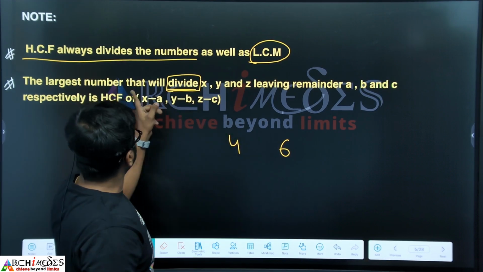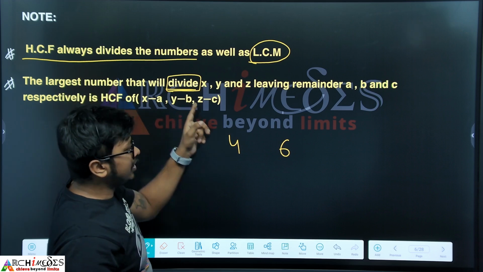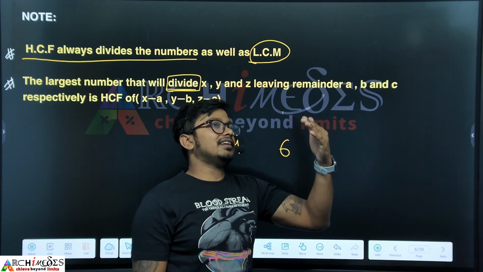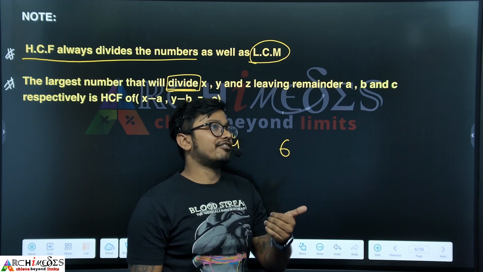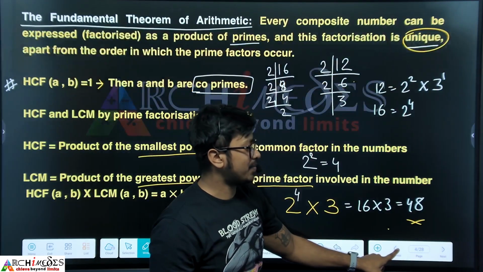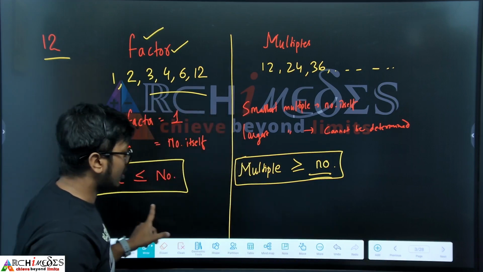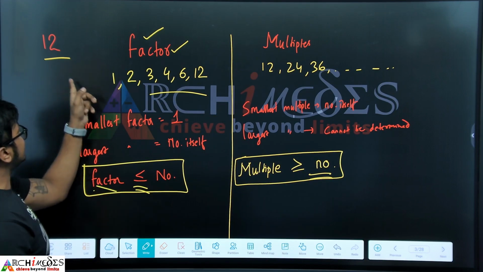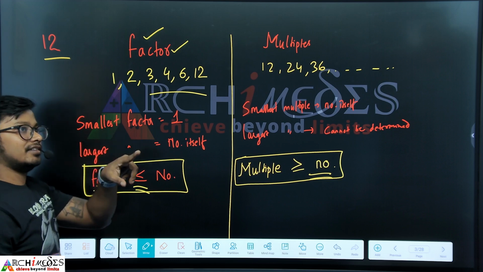So when you need a number that will divide the other number, it should be less. And the less means what? HCF. Factor. That's why I told you, note this one: a factor is less than the number. So factor means HCF. Clear?